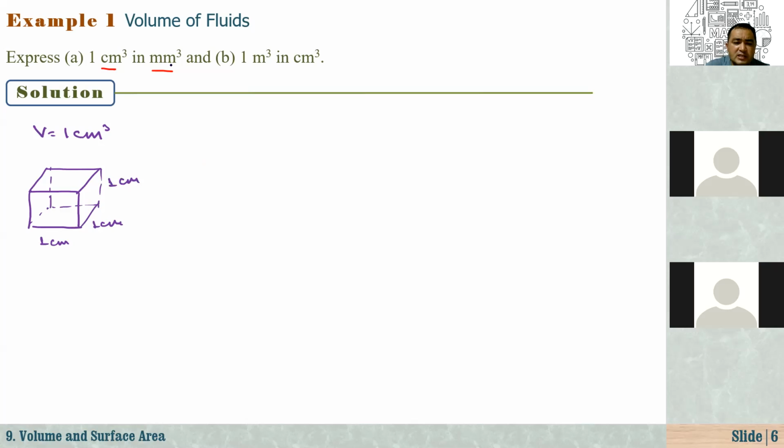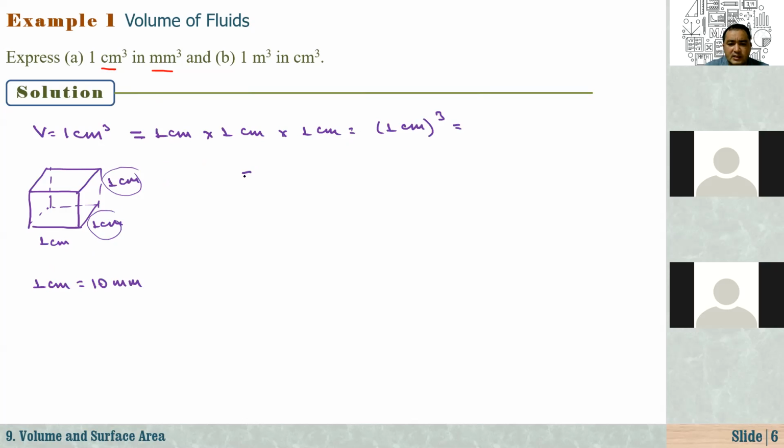If I want to change this into millimeter cube, what is 1 centimeter? We know that 1 centimeter is equal to 10 millimeters. So this one is 10 millimeters, this one is 10 millimeters. And how do you find this volume? This volume is 1 cm times 1 cm times 1 cm, which is simply 1 cm cube.